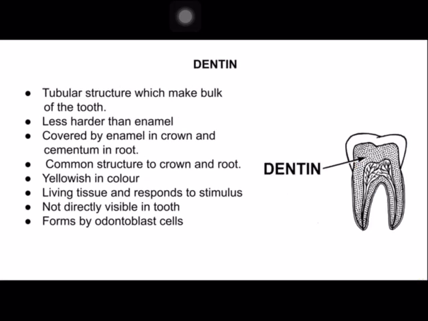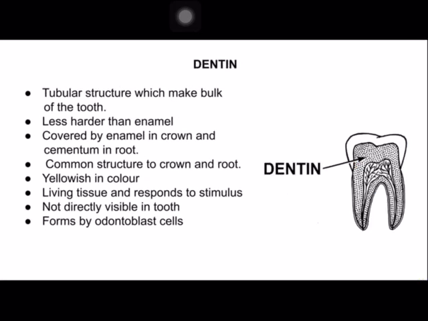In crown it is covered with enamel, while in root it is covered with cementum. Yellowish in color, it is a living tissue and responds to stimulus. It is not directly visible in the oral cavity since it is covered with enamel and cementum. It is formed by odontoblast cells, which are specialized cells of dentin.